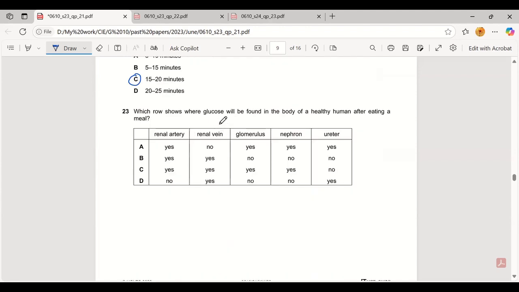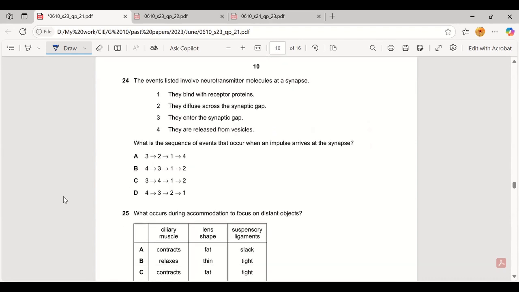Which row shows where glucose will be found in the body of a healthy human after eating a meal? Mariam? C. Glomerulus, nephron. No, yes. Very good. The events listed involve neurotransmitter molecules at a synapse.